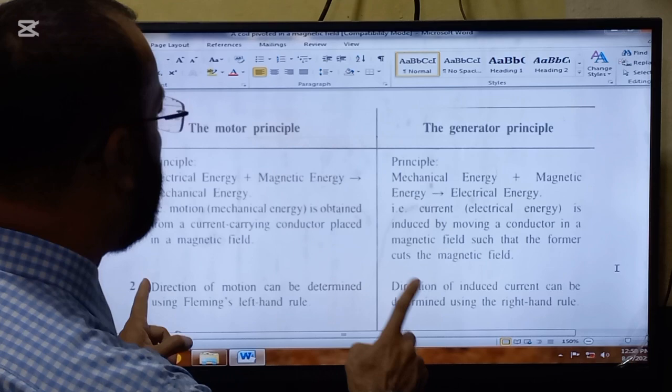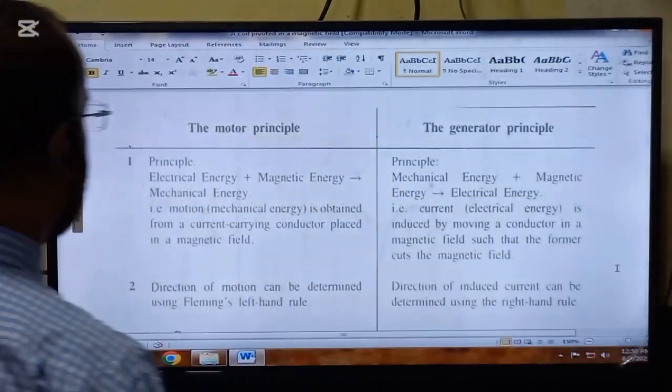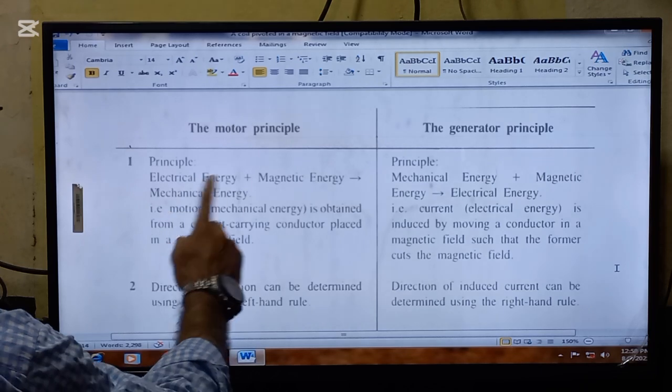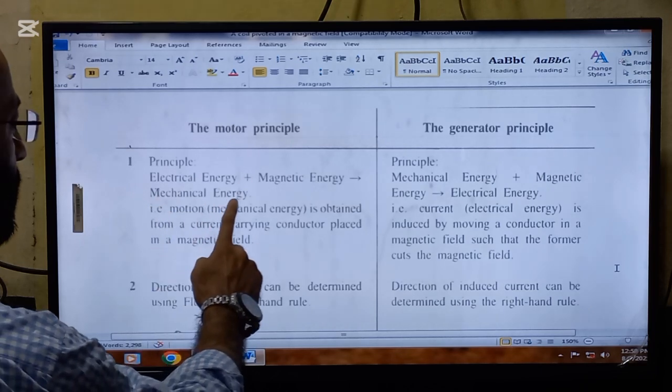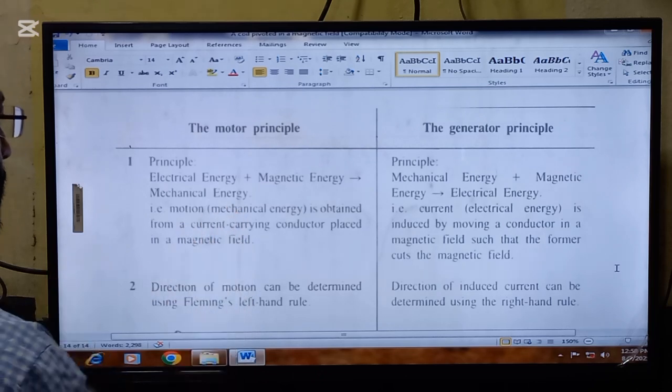So these are actually the differences between the motor principle and the generator principle. So concentrate. The motor principle is electrical energy plus magnetic energy forms mechanical energy.